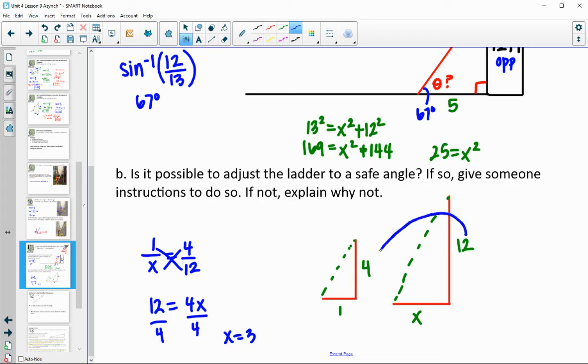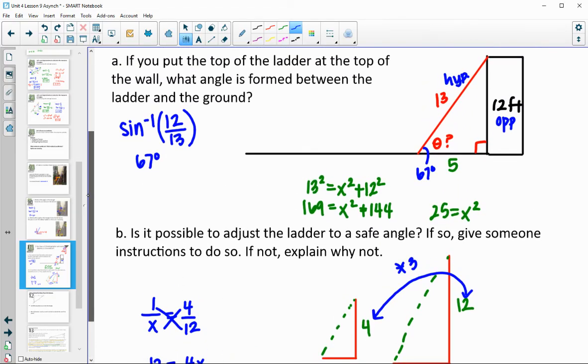You can also notice here that the common factor is 3. So 4 times 3 gives you 12. So 1 times 3 should give you this x. So that means this can't get any closer than 3 feet or the angle will be too steep. Okay, so it can't get any closer than that or the angle will be too steep.